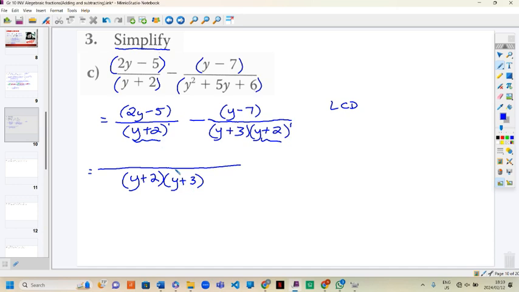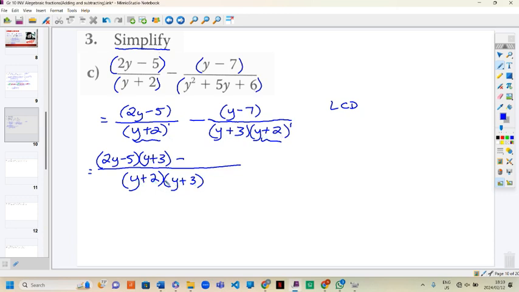So whatever's at the top stays there. I've got 2y minus 5, and I'm multiplying that with whatever was missing, which is y plus 3. Minus, right, y plus 2, y plus 3.